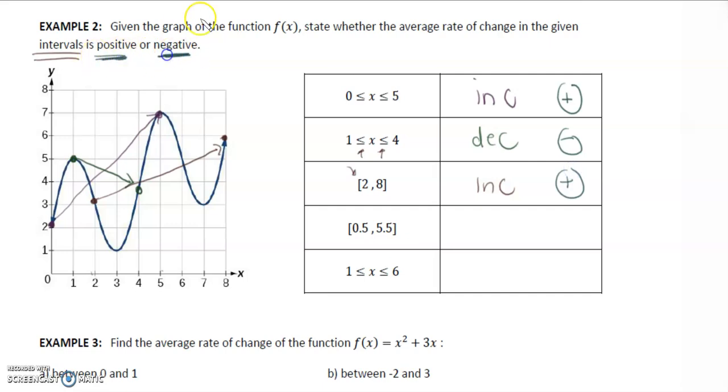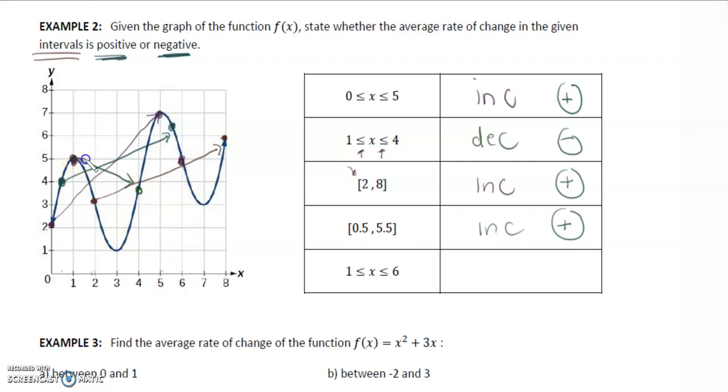Okay, so for the positive or negative. 0.5 and 5.5. So 0.5 is here, 5.5 is here. This is again increasing. So this is positive rate of change. And then we have 1 and 6.